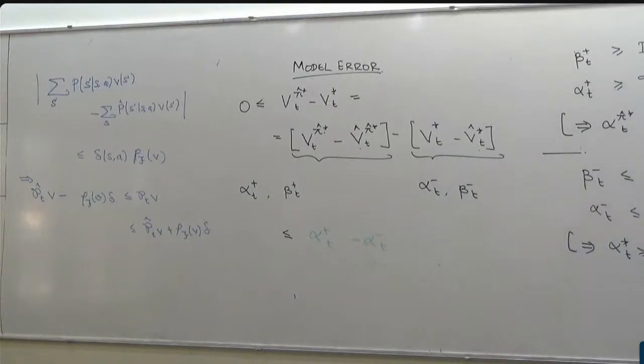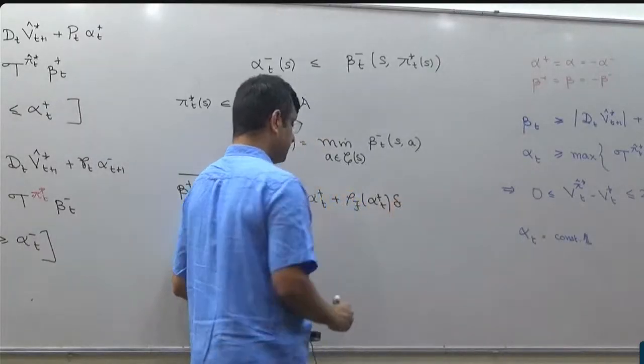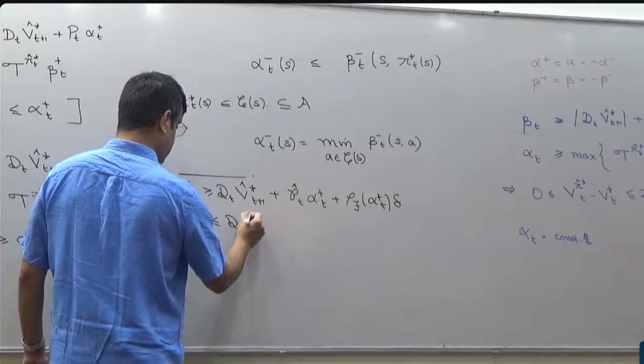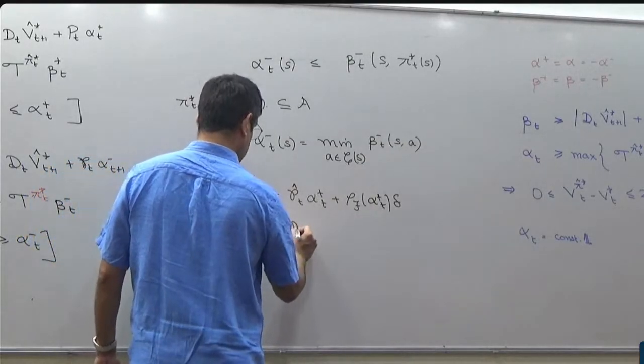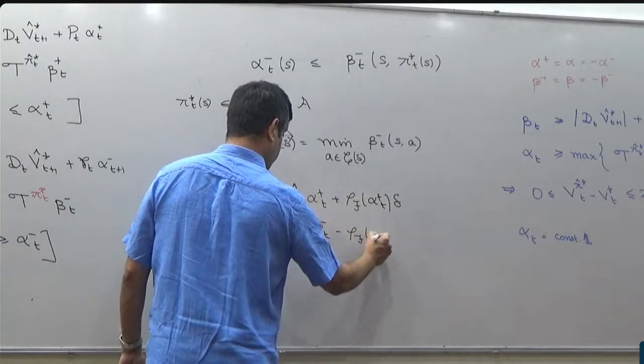Okay. So, what I would have to do is, I will say beta plus t is greater than or equal to d t of v hat star t plus 1 plus p hat t of alpha plus t plus rho f of alpha plus t times delta, and beta minus t is less than or equal to d t of v hat star t plus 1 plus p hat t alpha minus t minus rho f of alpha minus t times delta.